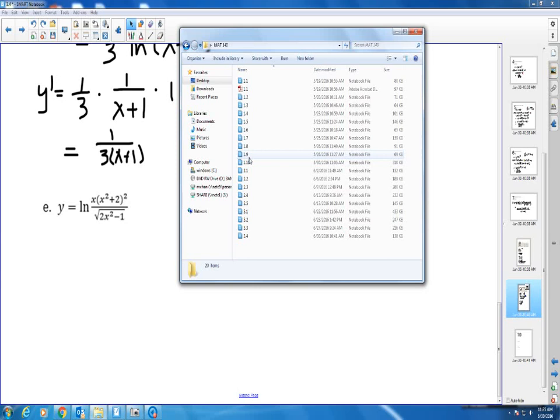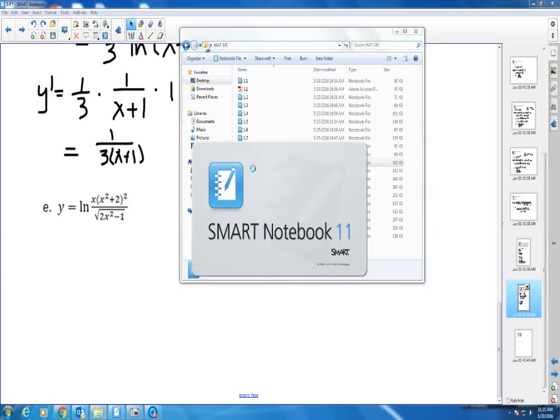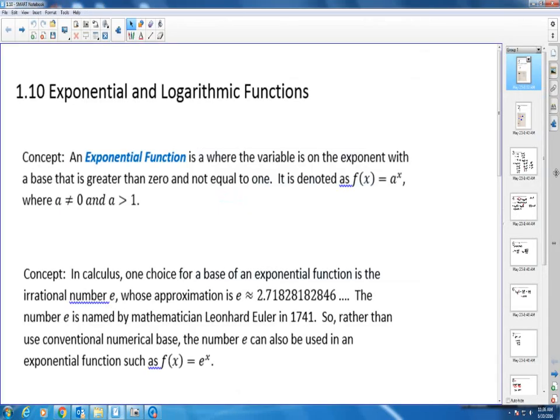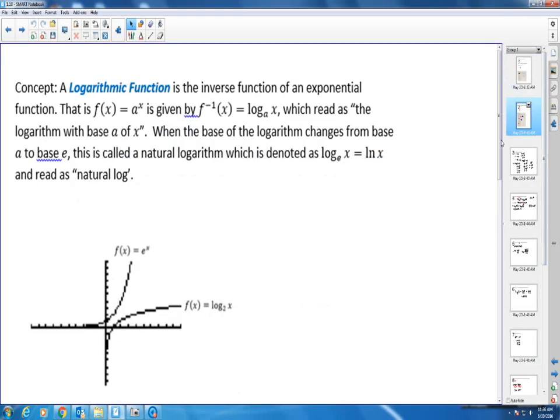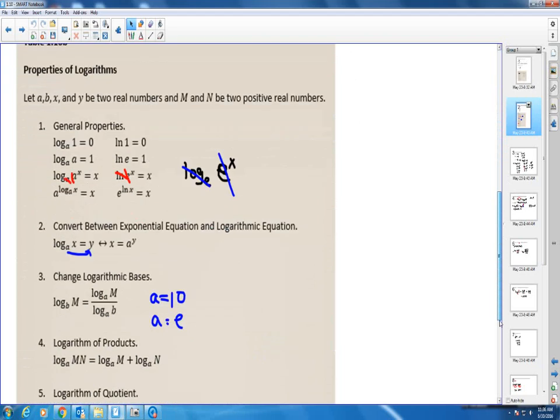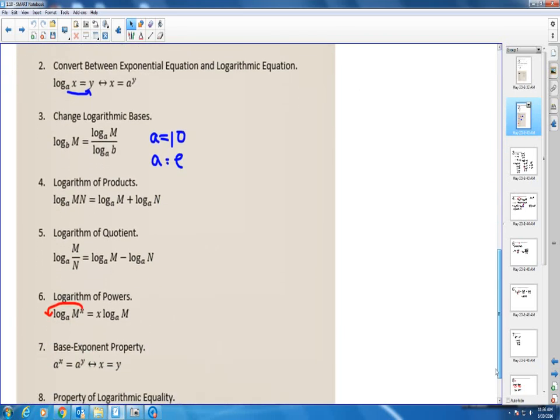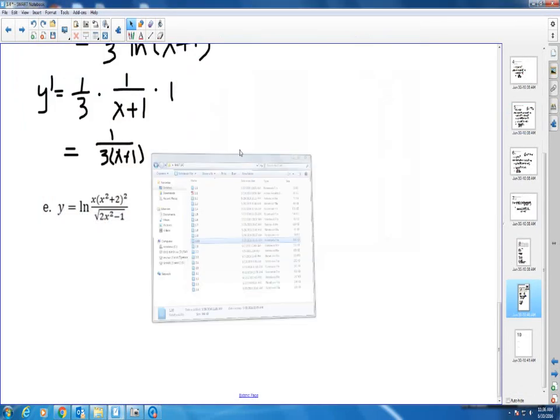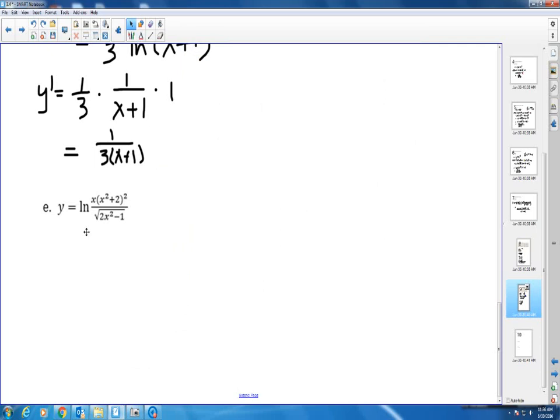Remember, the lecture video 1.10 was kind of long. I'll flip to it. Okay, all these rules right here: logarithm of product, logarithm of quotient. So right now I'm going to use the log of quotient. We just used the logarithm of power here. So natural log is a log, so I can do that.